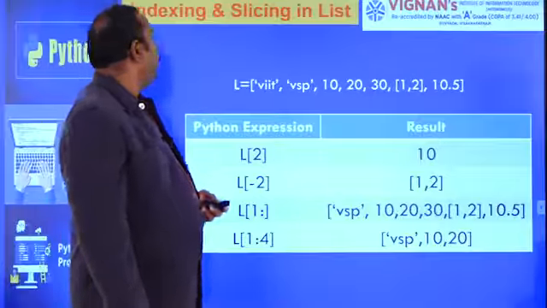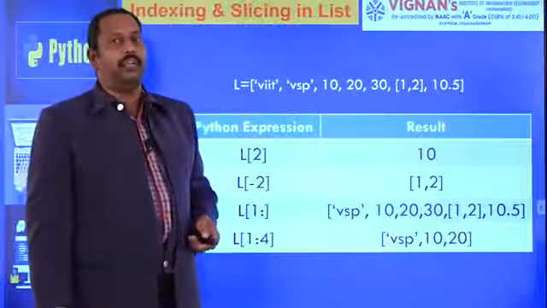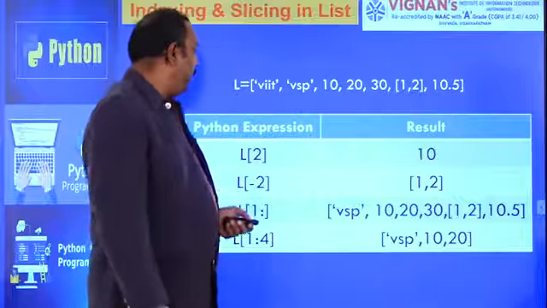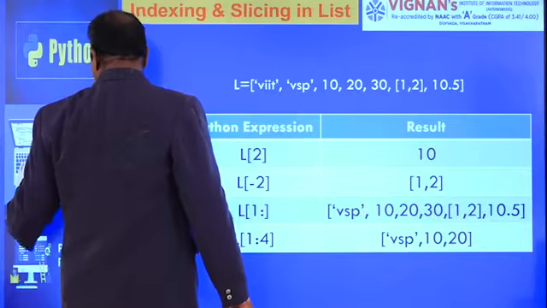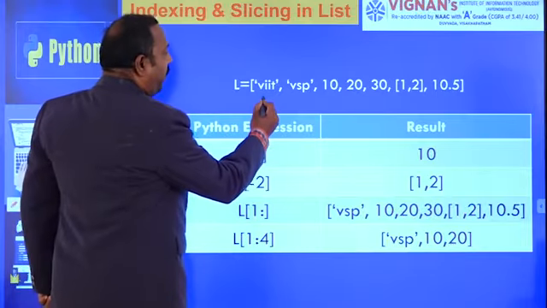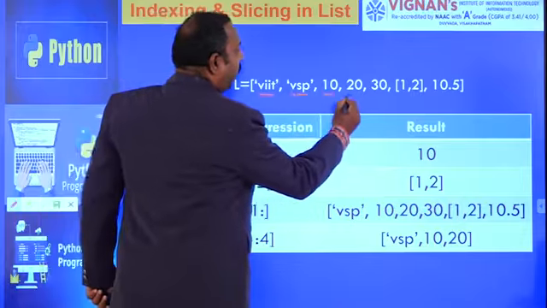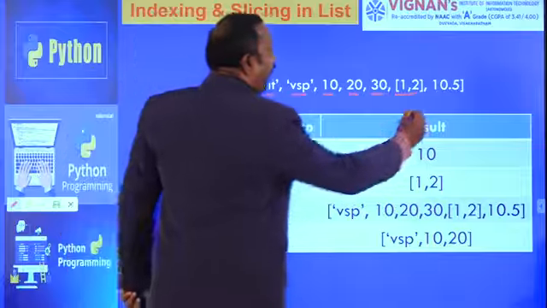And next one is indexing and slicing, which we already discussed; they can also be done in a list data structure. How can indexing and slicing be done in a list? For example, we have taken a list with the following values: VIIT, the first element of the list, the second one is VSP, third is another list 10, 20, 30, and 10.5.